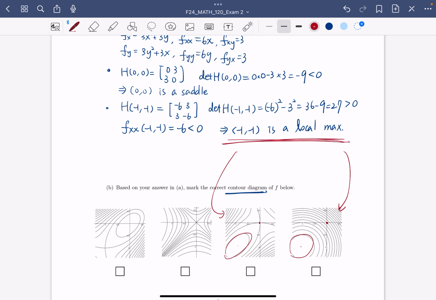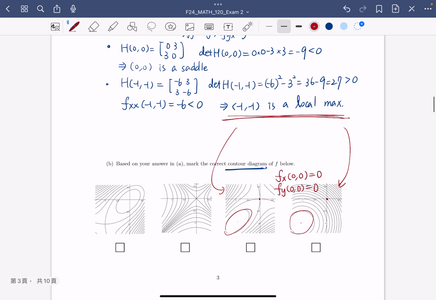So, if the point at 0 is a saddle, right? In particular, it's a critical point.